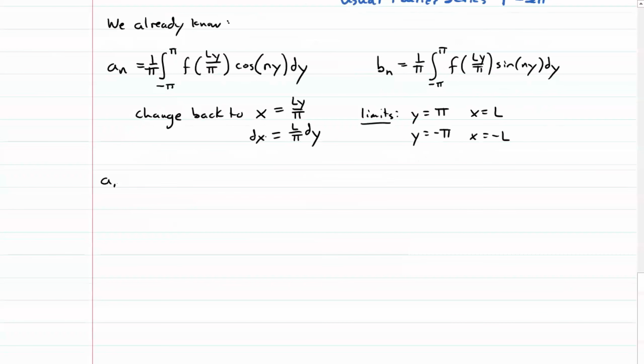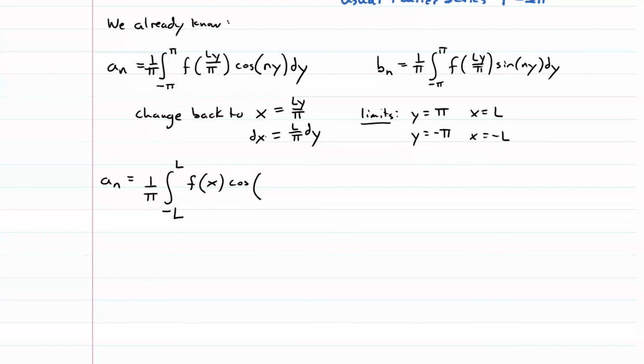The first integral is going to be like this, an 1 over pi, changing the limits now, right? So the limits now go from when y was equal to pi, x is going to be integrated from minus L to L. F of Ly over pi, that's just x. Okay. Cosine, now y again is pi x over L, so I'm going to have here n pi x over L. And then for dy, I've got dx times pi over L, just like that.